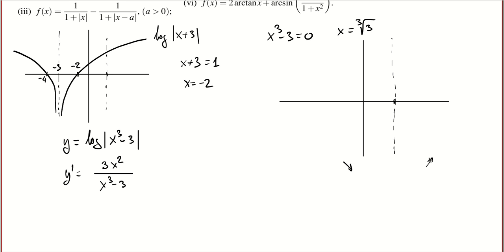We can calculate the second derivative just to see if there is a peculiarity in the concavity of this function. And well, this is 6x multiplied by x cubed minus 3 here, minus 3x squared multiplied by 3x squared, which is the square of this, divided by x cubed minus 3 squared. So the denominator is irrelevant for sign.